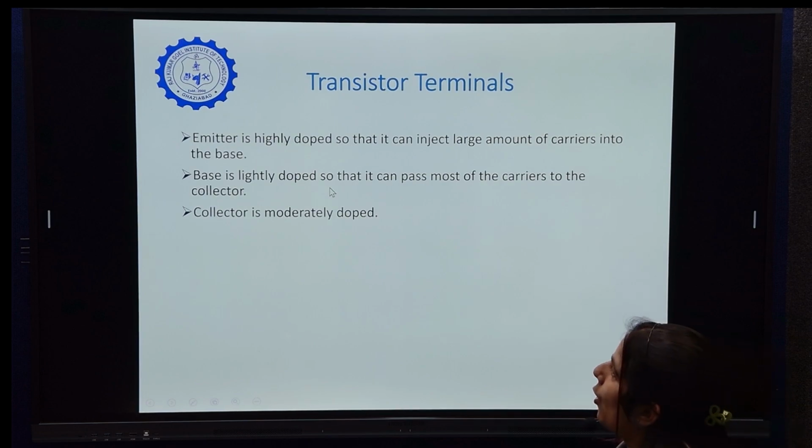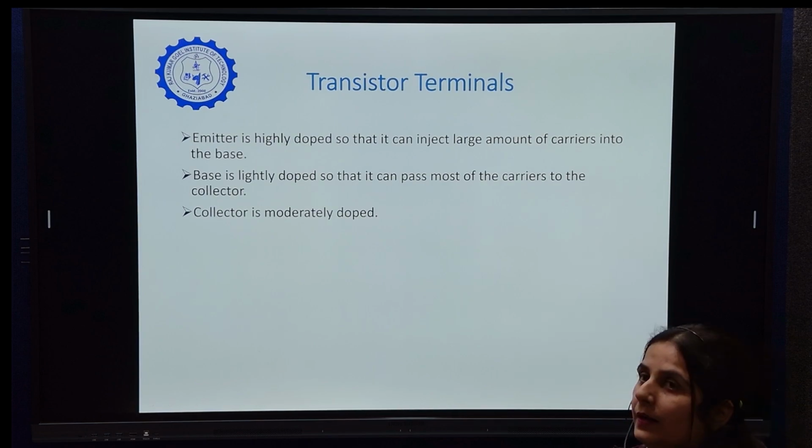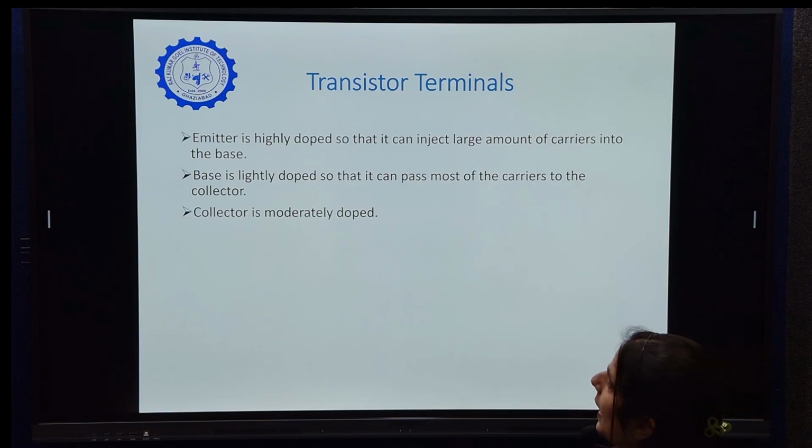And if we talk about the doping level in the different regions of the transistor, the emitter is heavily doped so that it can inject a large amount of carriers into the base. The base is lightly doped so that it can pass most of the carriers to the collector, and the collector is moderately doped.